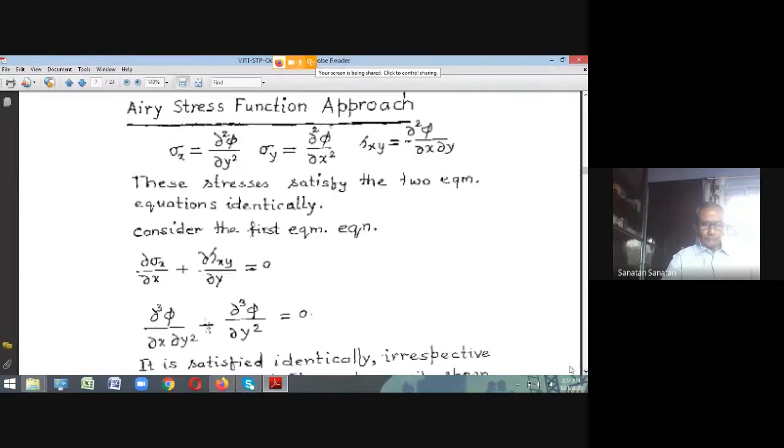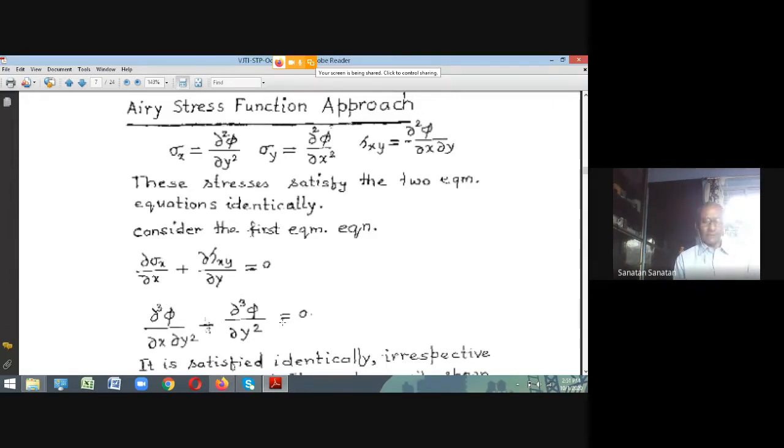See the first equilibrium equation: ∂σx/∂x + ∂τxy/∂y = 0. If we write the values of σx and τxy in terms of phi and substitute, it becomes 0 identically, irrespective of the form of phi.